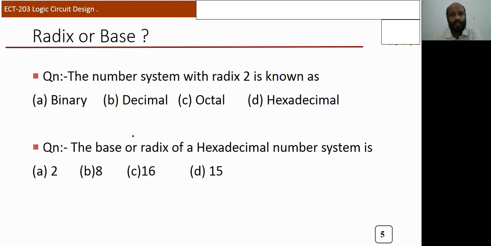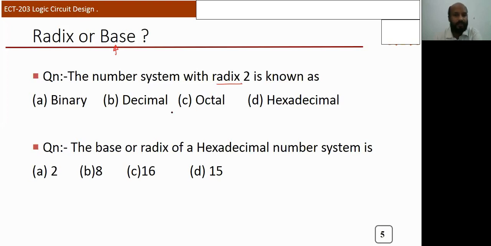So I'll give you two questions. Okay, you can read these questions and try to answer. Sometimes you may be familiar with this concept of radix or base. Maybe you are comfortable with the term base, or you just read the question and we'll try to answer this. The number system with radix 2 is known as, okay, there are different options: binary, decimal, octal, hexadecimal.